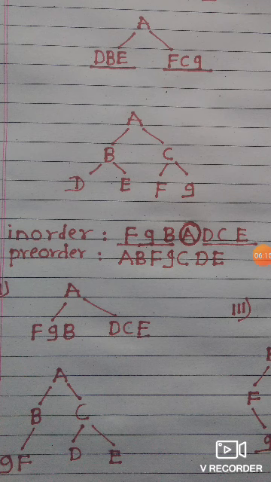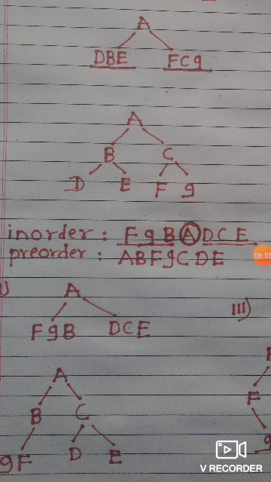Therefore, I add B to the left of A and I search for character B in the in-order sequence. At the left of B, there are two characters F G, so I add them to the left of B. Similarly, on the right-hand side, out of D C E, first I check which character comes first in the pre-order, and the character is C. I search for C in the in-order sequence.